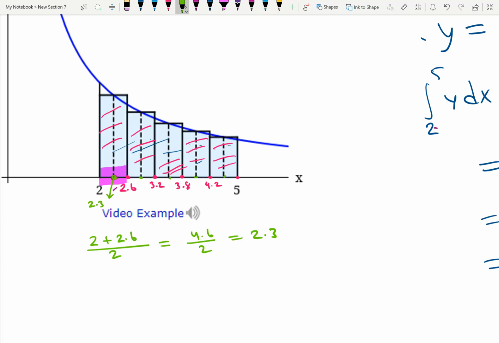Now if we consider only this rectangle, for a rectangle we know area is length times width.